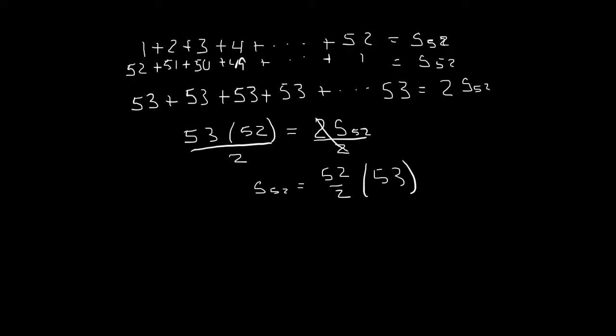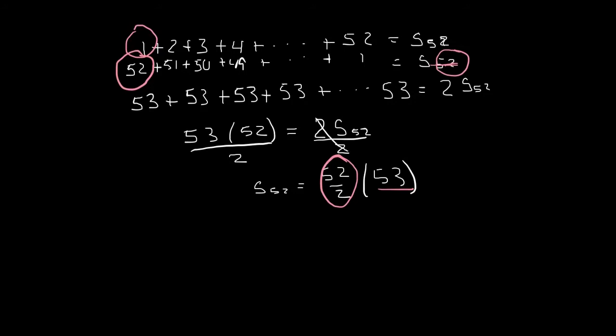So how does this help us? Here, if you notice, the 52 divided by 2 comes from the number of terms we have right up here. And then the 53 is actually equal to our first term, A1, and our last term, AN, or A52 in this case. So this can be applied to any sequence.